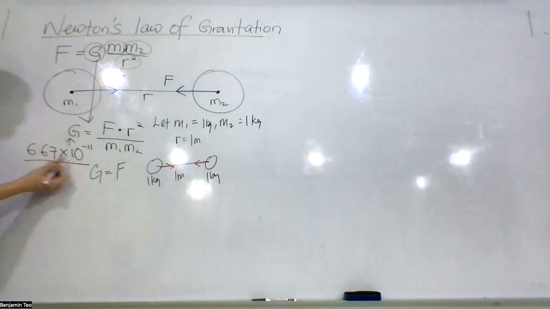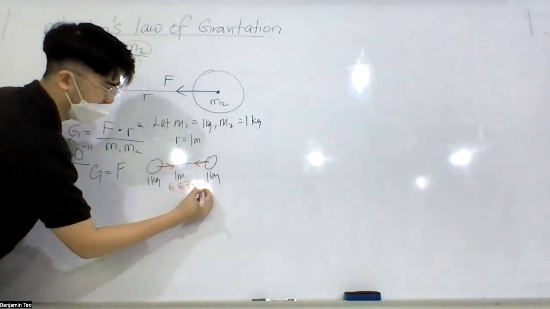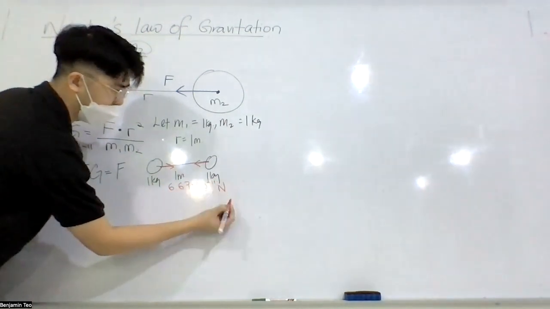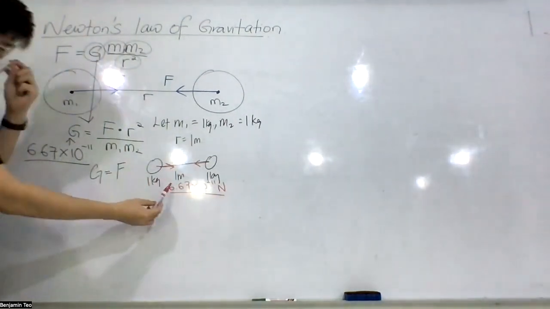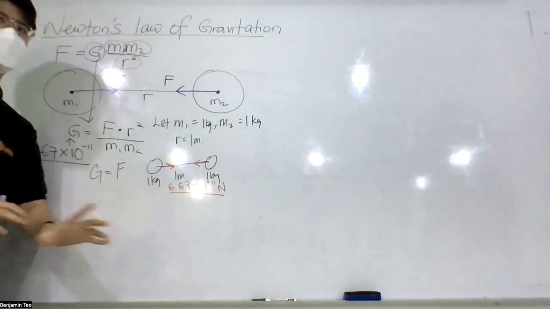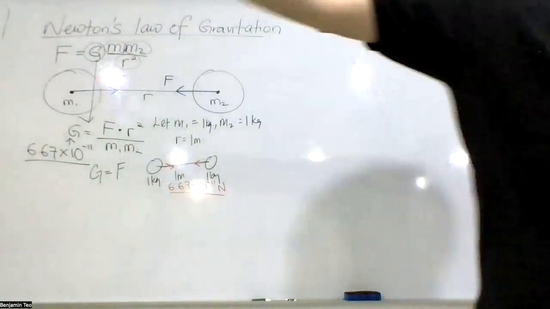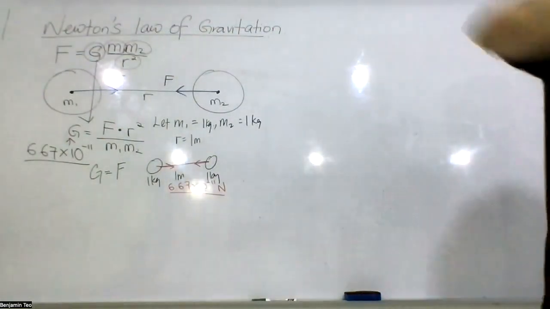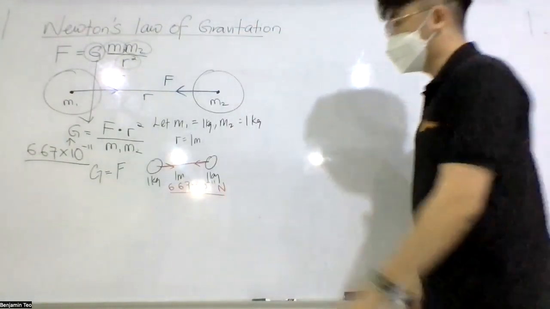It's going to be very small, 6.67 times 10 to the minus 11. This is basically what the constant means. And this constant applies everywhere in the universe, every corner of the universe, from small scale to large scale. This is always true. Okay?